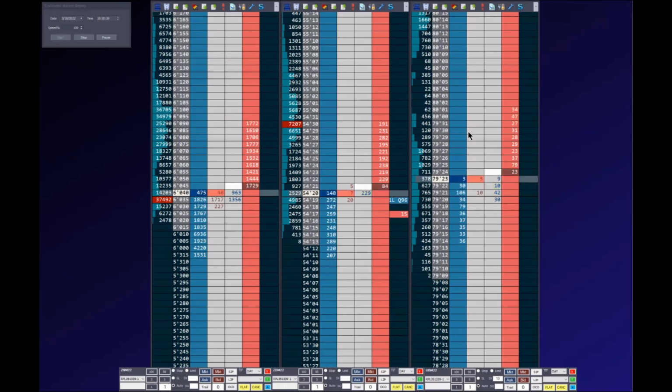We're seeing tick ups on a UB. Was not able to get the fill. Let's readjust. No ticks up, no ticks down thus far.